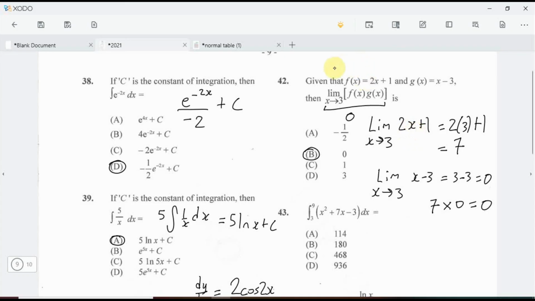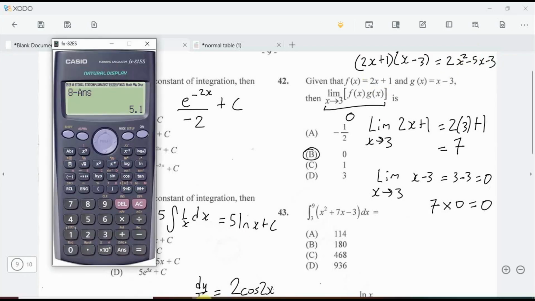Instead of having to do this, the alternative method would be to expand it. We don't have time to expand it like this: 2x plus 1 times x minus 3. When you work that out, you get 2x squared, then this becomes minus 6x plus x is minus 5x, minus 3. When you get this answer, then you plug in the 3.